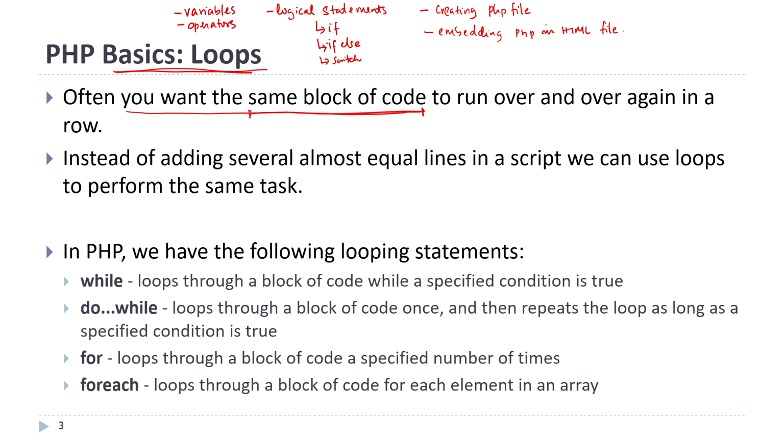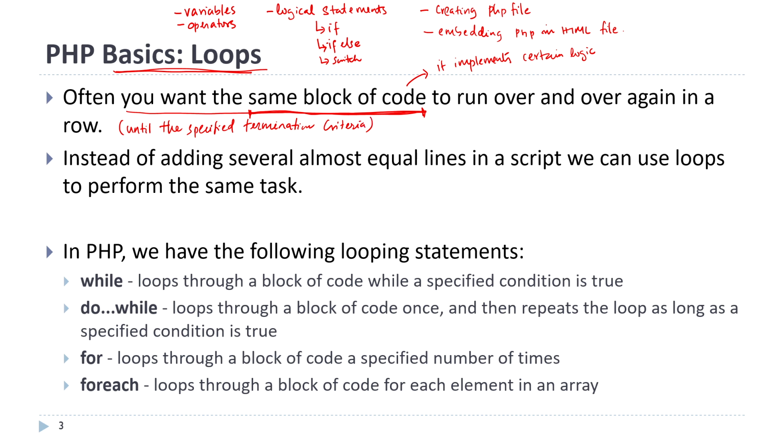This block of code implements certain logic, and you want to run it over and over again for some specified period of time, until a specific termination criteria is met.